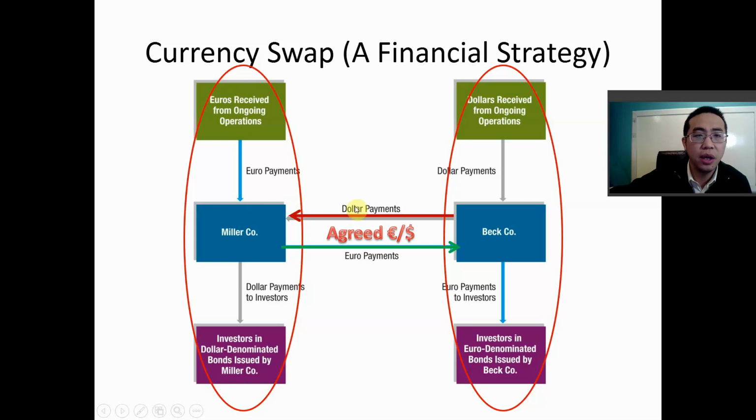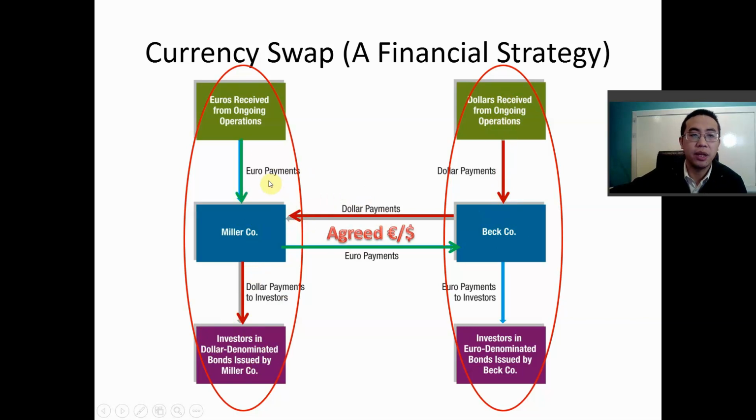In this currency swap, when the German company receives dollars from its American business, those dollars will be redirected and paid to Miller Company, and then Miller Company will use the dollars to pay its shareholders in America. No exchange ever happened.